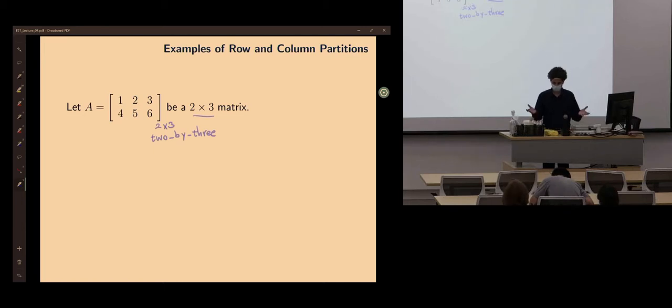How would you go about partitioning this matrix? Make an obvious guess, your first attempt. What do you mean by partition? Partitioning means dividing this matrix into smaller units, right? Let's do it by row first.